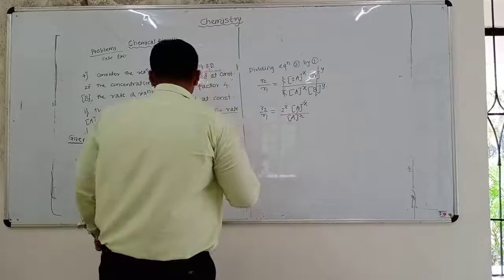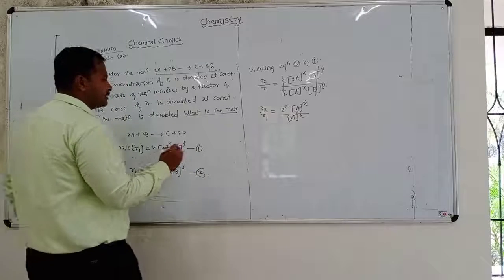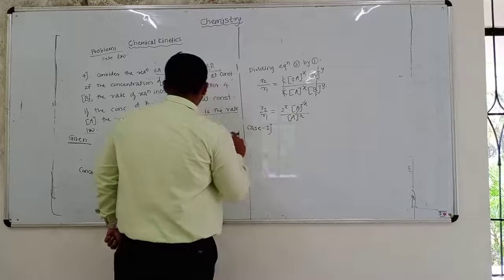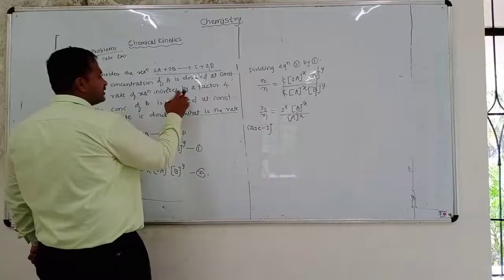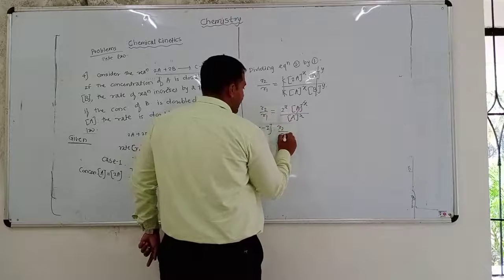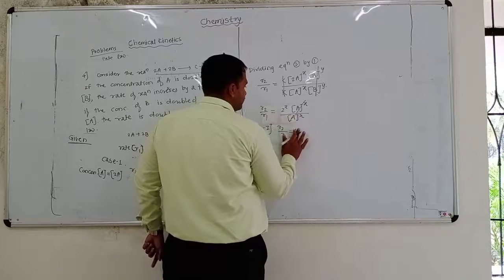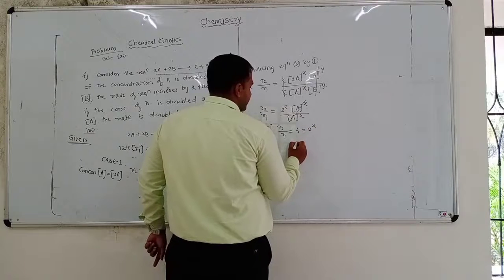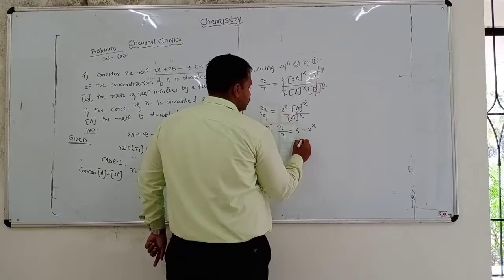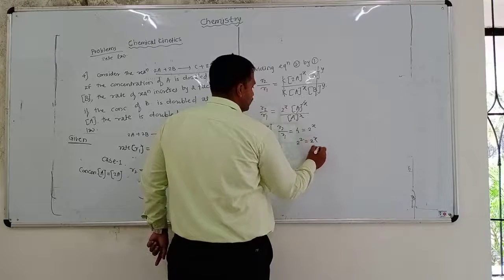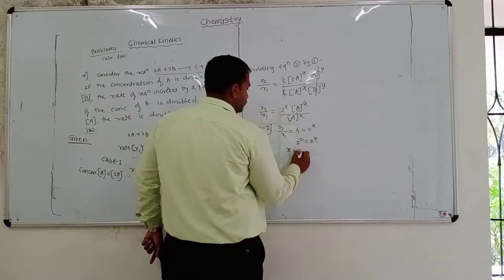Okay, you know that in the first case the rate of reaction increased by factor 4. So R2 divided by R1 is equal to 4. What is 4? 2 raised to X. So 2 raised to 2 is equal to 2 raised to X, which means X is equal to 2.